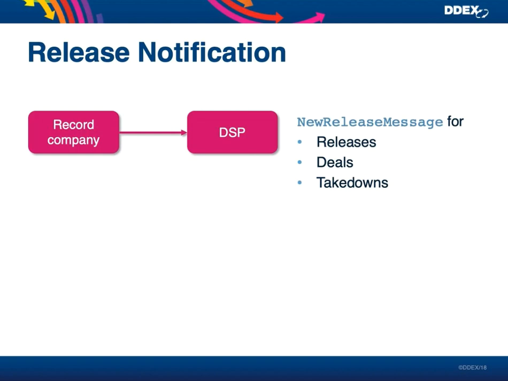All of those aspects need to be communicated, and that is what the new release message of the ERN standard does. It also allows the record company to tell a DSP to stop distributing content, be it because of a legal dispute or just because they don't want a specific sound recording or release to be streamed anymore.